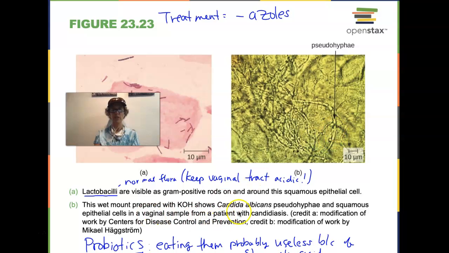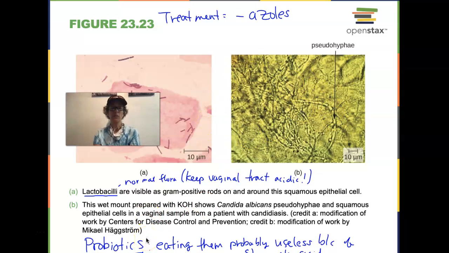This was from a vaginal sample of someone who had candidiasis. And the KOH is potassium hydroxide. So the samples were taken from the patient, smeared onto a slide, and potassium hydroxide added. That essentially dissolves all of the human cells, but it won't dissolve fungal cells that are left behind.